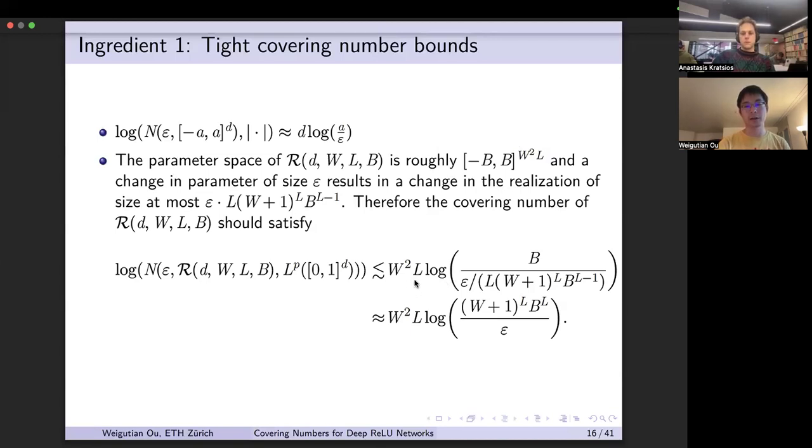There is W squared L, which is the dimension of the hypercube, times logarithm of B over epsilon over this term, where B is the half length of the edge, because we have a difference between the parameterized space and the realization space. And that's how we get the form of the covering number. We only get the upper bound here, but for the lower bound, we will need other tools that are introduced later.